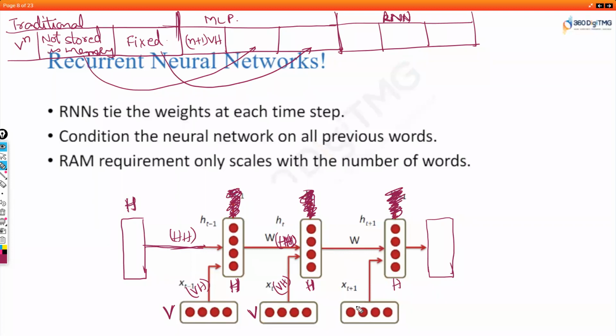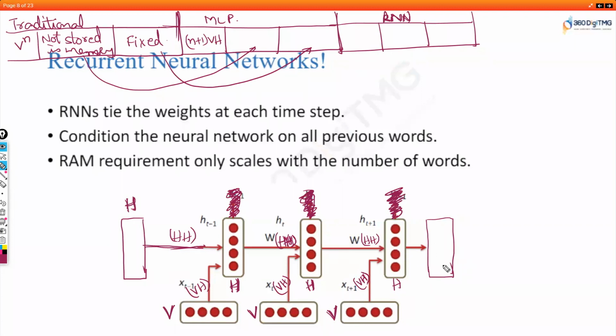If you're supplying a third word, once again you convert the third word into one hot encoding format, with a vocabulary size V of 172,000 words. That specific word would be given one, and the rest all zeros. So you have V into H, which is VH, then H into H, hidden layers into hidden layers.